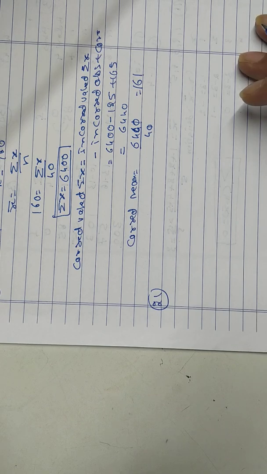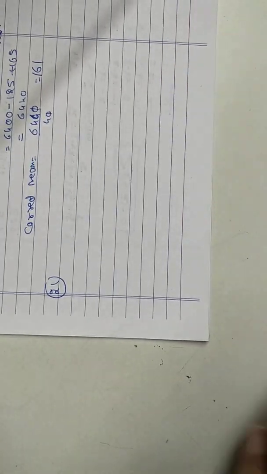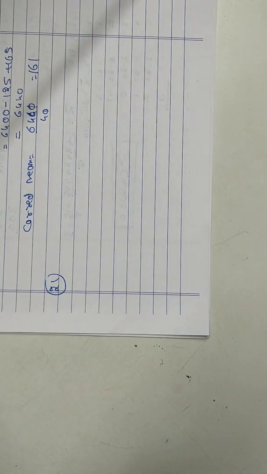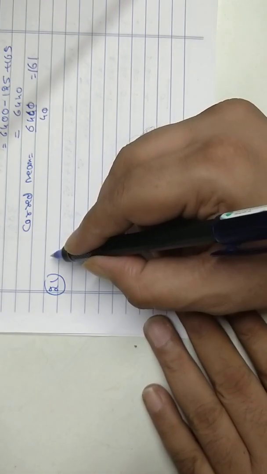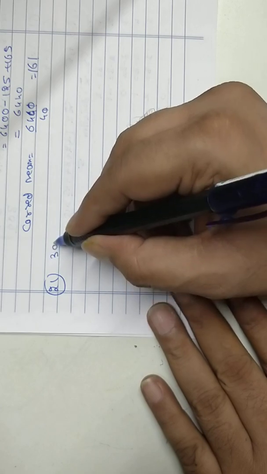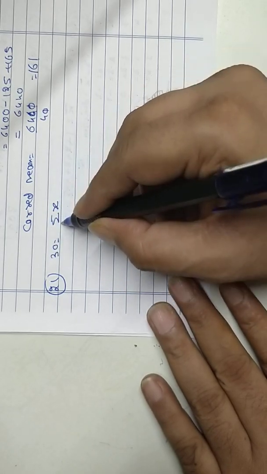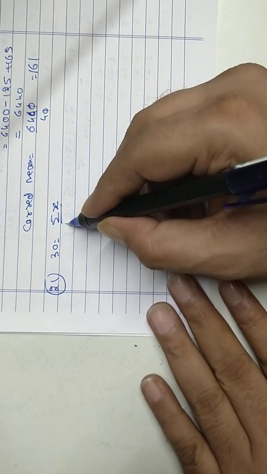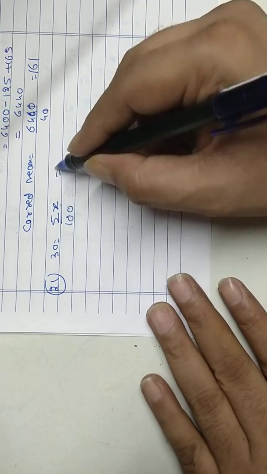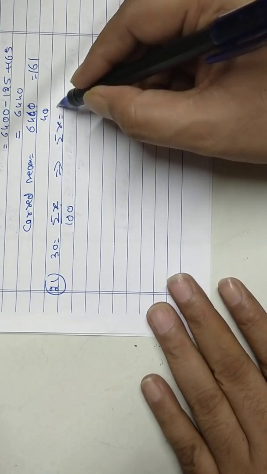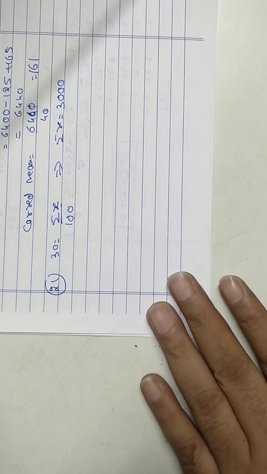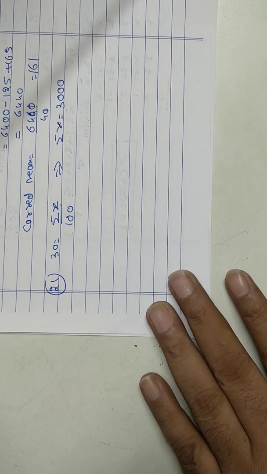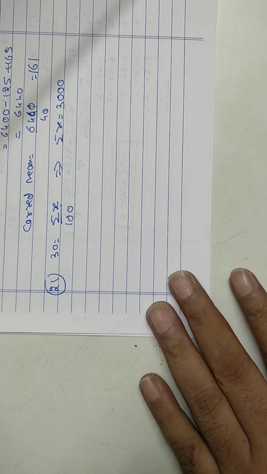Sum number 21. The mean of 100 observations is found to be 30. Mean equals total upon observations; observations are 100. So my total is 3000. Two observations were wrongly taken as 32 and 12 instead of 23 and 11.